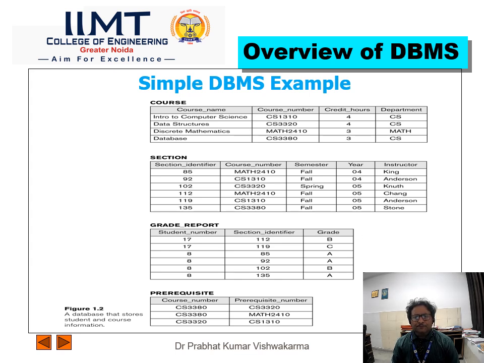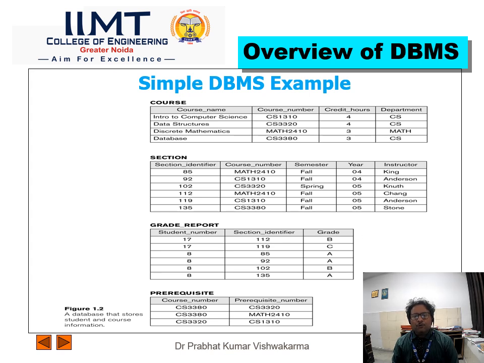Later on we will understand all these column names, like the very first table, course, comprising course name, course number, credit hours, and department. These have a very special name in database management systems, and that is called attributes.